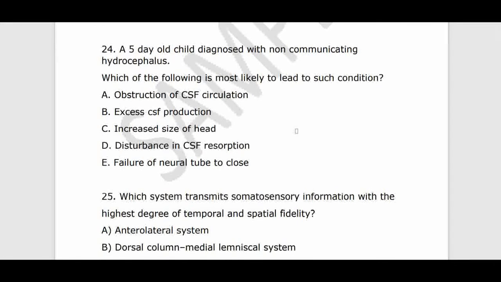If there's obstruction outside or any other cause of hydrocephalus like excessive secretion, it is communicating. So communicating can still be due to obstruction, but the obstruction is not within the ventricular system.